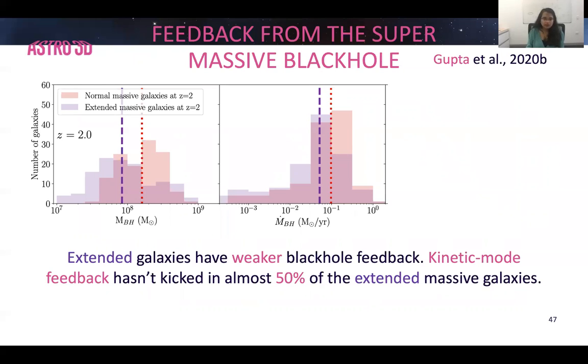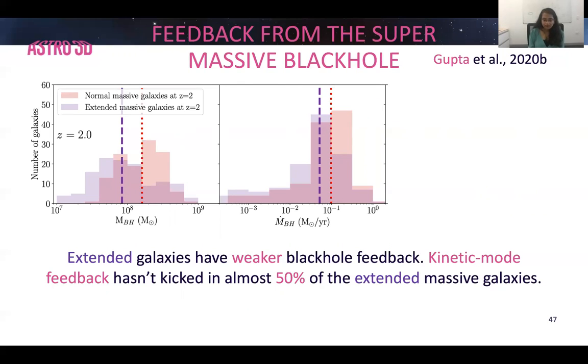What we find is that in the extended massive galaxies, their central supermassive black holes have slightly lower masses and are accreting at a lower speed than the central supermassive black holes in normal size massive galaxies. Basically, the extended massive galaxies have weaker black hole feedback, if we can call that.